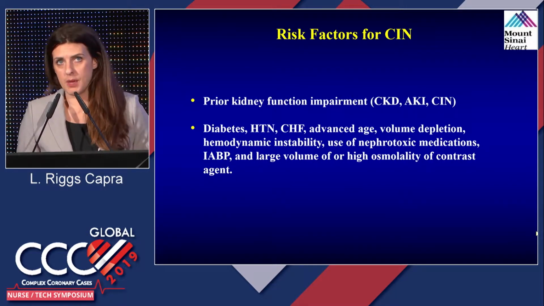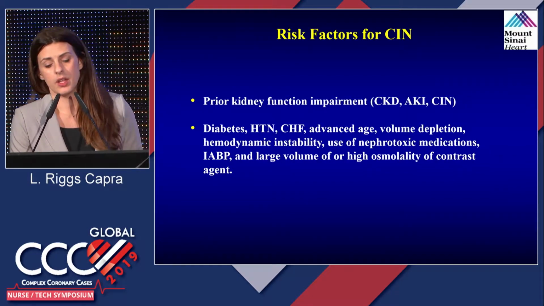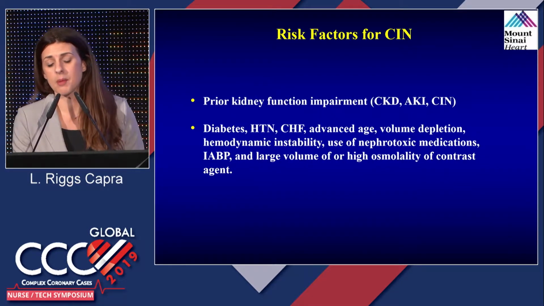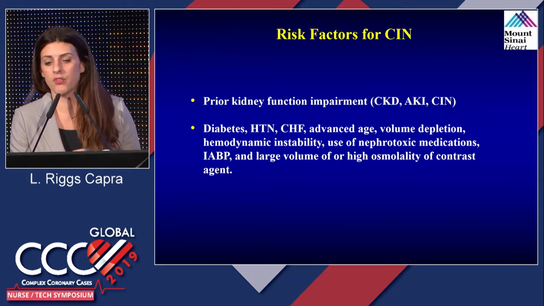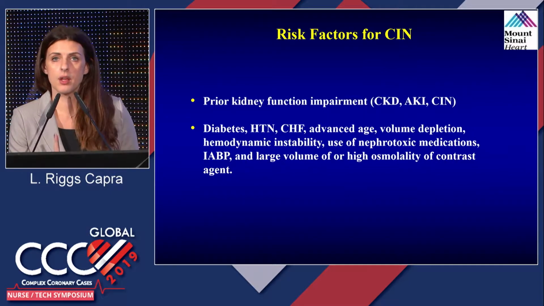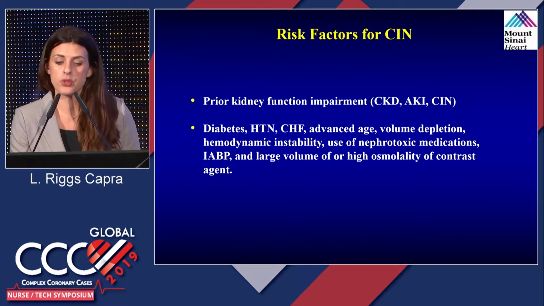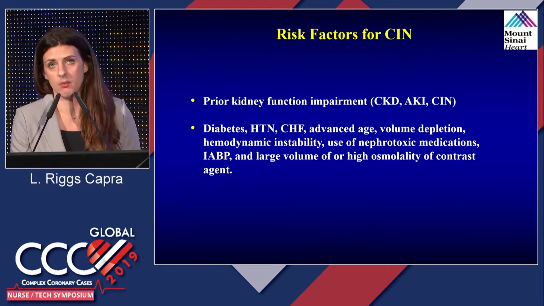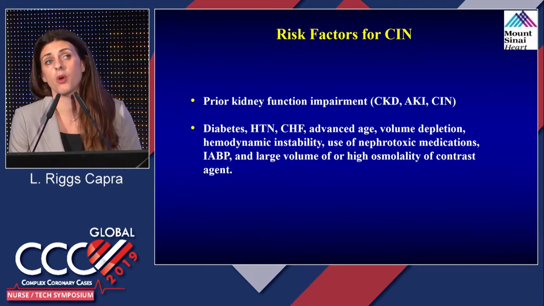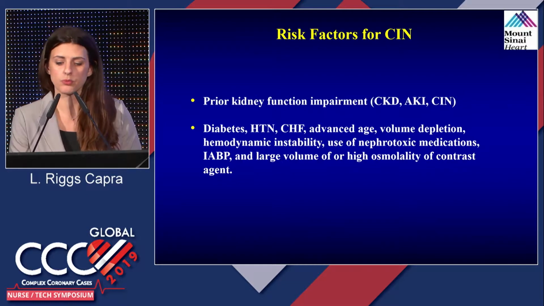So I think most people already know that there's not necessarily a treatment for contrast-induced nephropathy. So our biggest thing to think about is prevention. And to prevent, we first have to assess who is at risk. Our first and most risky patients are those who've had a prior kidney function impairment, those with chronic CKD, someone who's had AKI in the past, for various different reasons, and of course those who've had contrast-induced nephropathy from a prior radiological procedure.